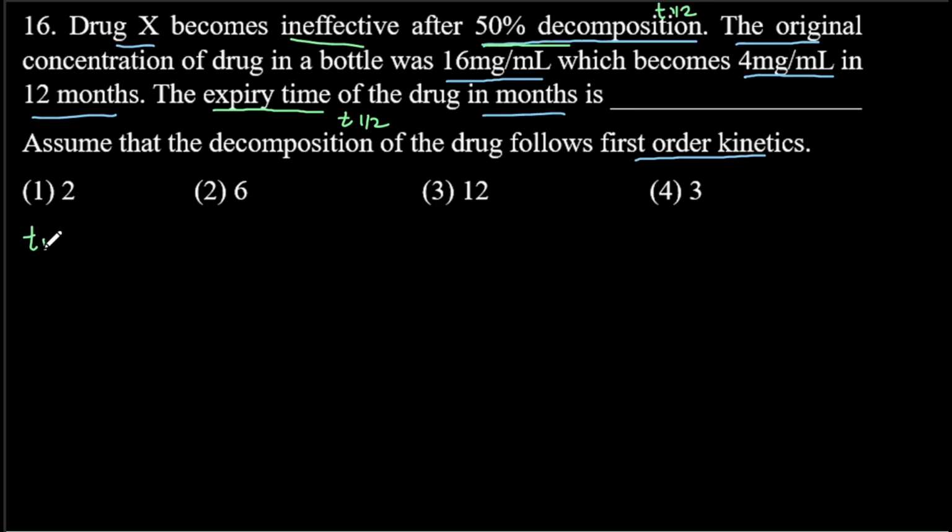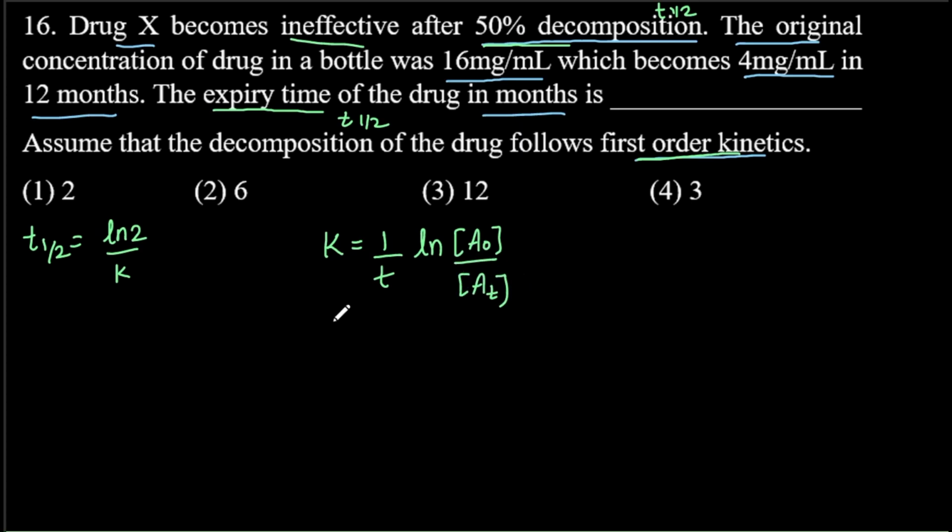So how to find the T half for a first order reaction? T half equal to ln 2 divided by K, rate constant. How to find the rate constant for a first order reaction? Rate constant equal to 1 by T ln of initial concentration divided by concentration of the reactant at time T. So rate constant equal to, so at time 12 months, they are telling, so 1 by 12 ln of A naught.